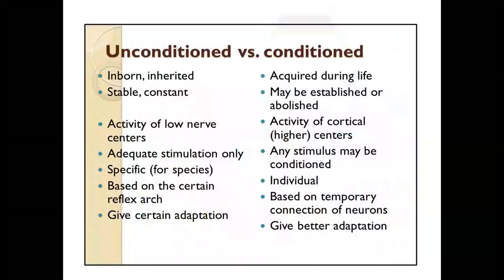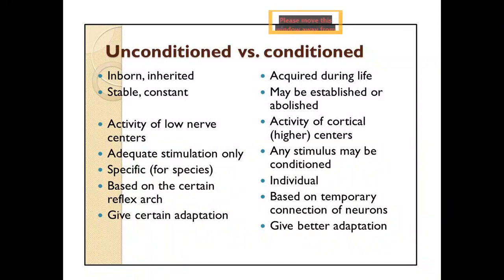Now here is a difference column which is given for conditioned and unconditioned reflex. Unconditioned is nothing but the natural reflex. First of all, unconditioned is inborn or inherited, and conditioned is acquired during lifetime. Unconditioned is stable and constant, whereas conditioned may be established or abolished.